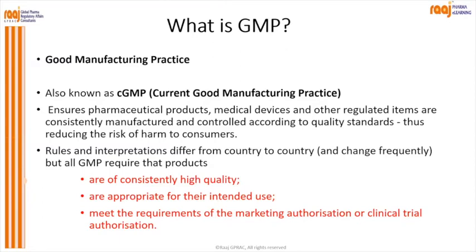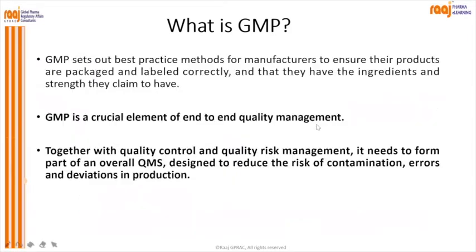And whatever product you are manufacturing should be consistently of high quality, appropriate for its intended use, and meet the requirements of that marketing authorization or clinical authorization. GMP sets out best-practice methods for manufacturers to ensure their products are packaged and labeled correctly, and that they have the ingredients and the strain they claim to have.